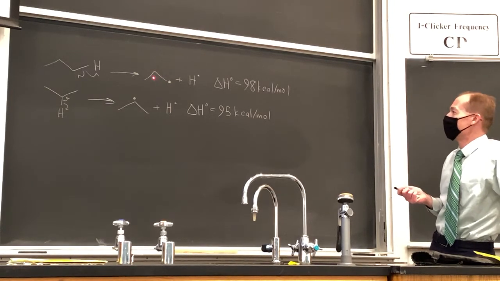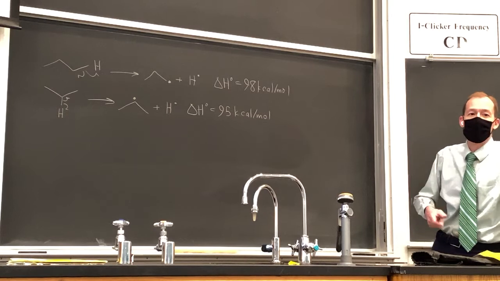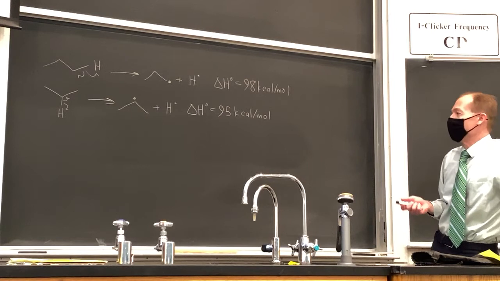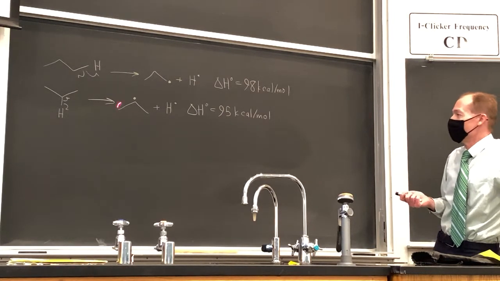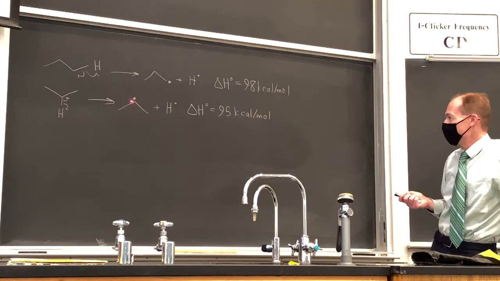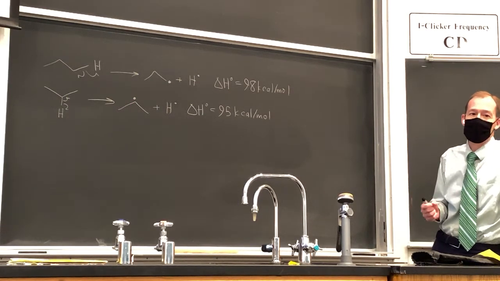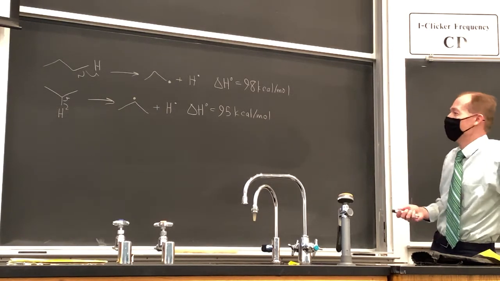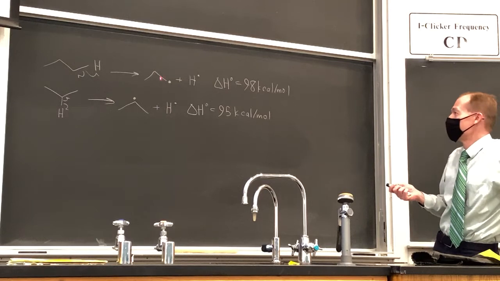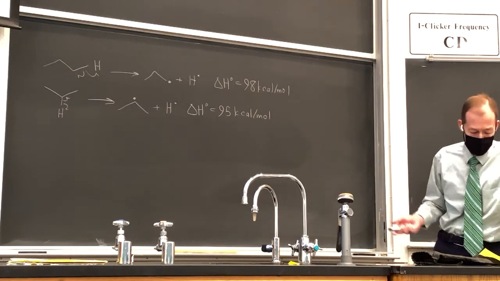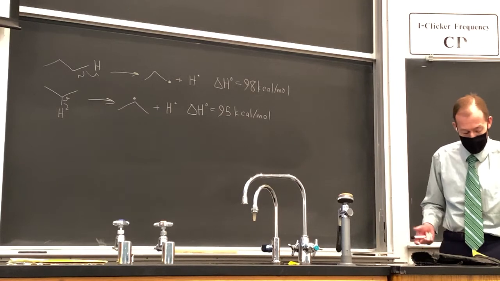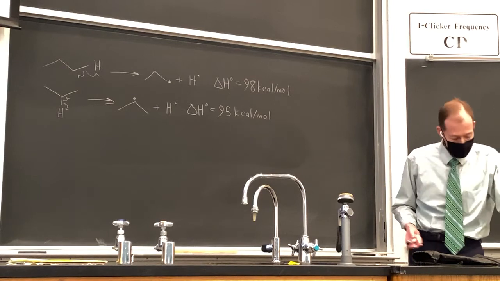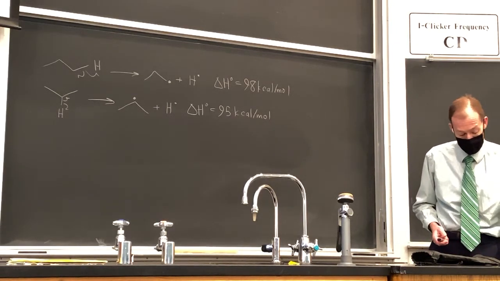We get a primary alkyl radical in the first reaction, a secondary alkyl radical in the second reaction. So this difference in delta H is reflecting the difference in stability between these two radicals. The secondary radical is more stable than the primary radical by 3 kilocalories per mole. And that is due to the electron donating ability of two alkyl groups in this case versus just one alkyl group in this case. So we know from measuring bond dissociation energies that more substituted radicals are indeed more stable.